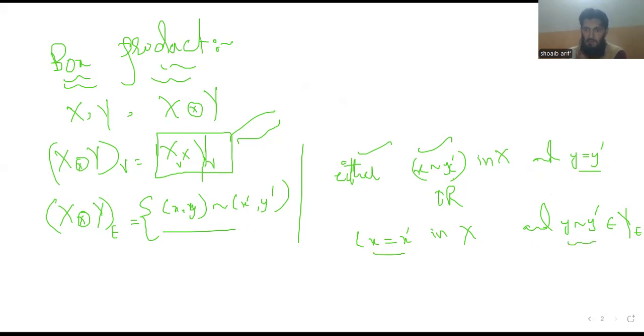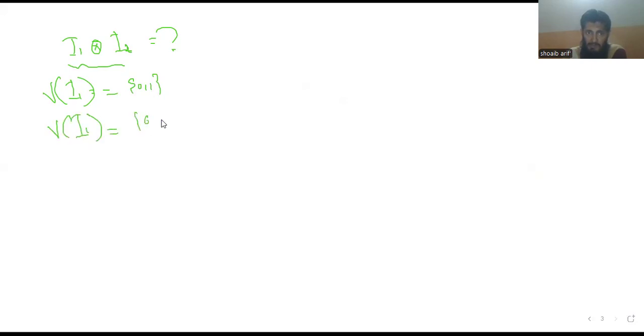So let's take an example: I1 box product with I1. First of all, we require the vertices of I1. The vertices of I1 are 0, 1, and the vertices of the second I1 are also 0, 1, because both graphs are I1.